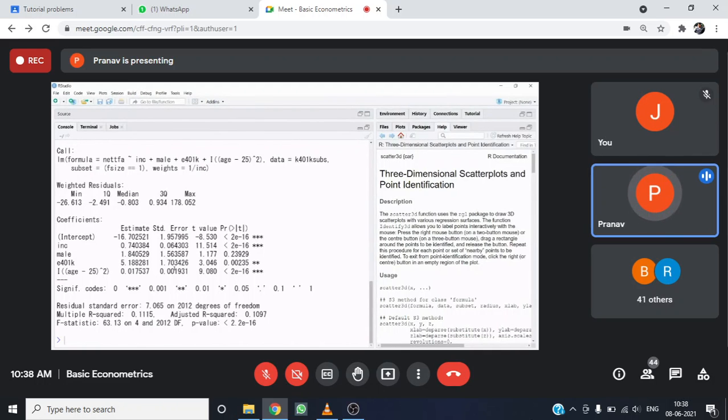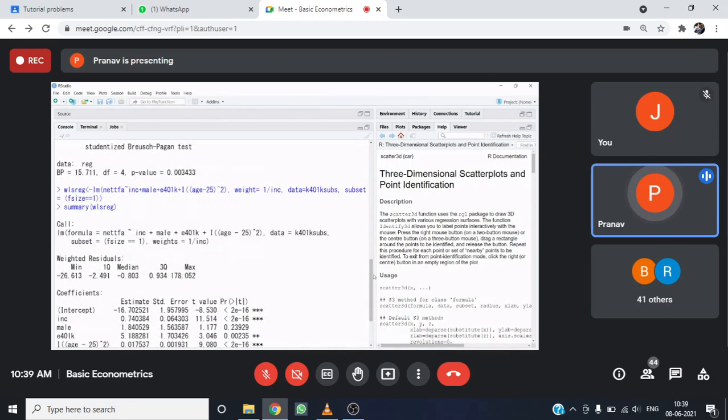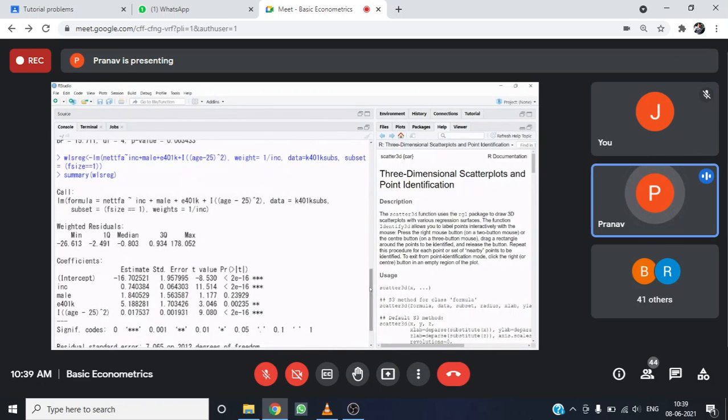Again, if I simply want the coefficients, instead of summary we could also have used coeftest, which would have given the same output. But one thing should be clear to you: even though you used the weighted least squares method here, your estimate of variances might be biased, because the formula for weighted least squares runs on the assumption that the error term moves proportionately as the square of the income. So there is still some assumption behind it.